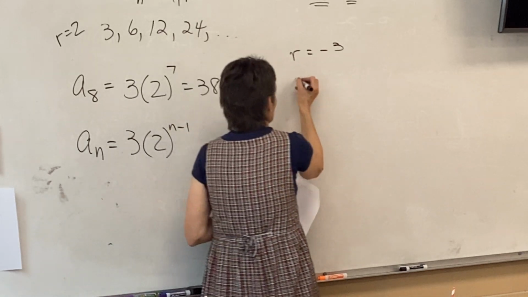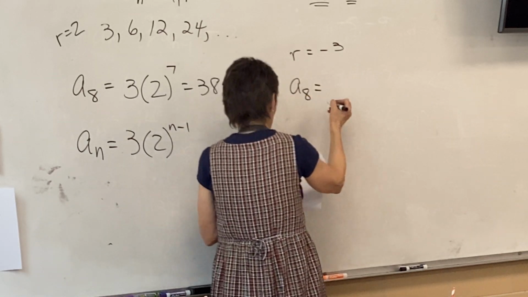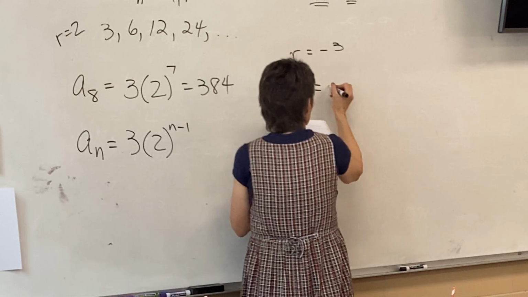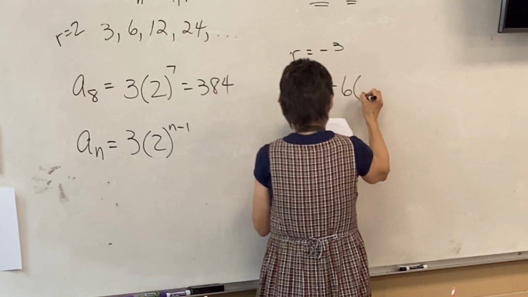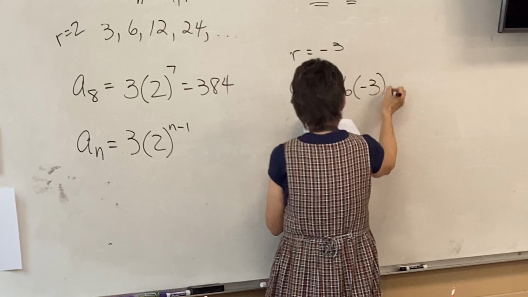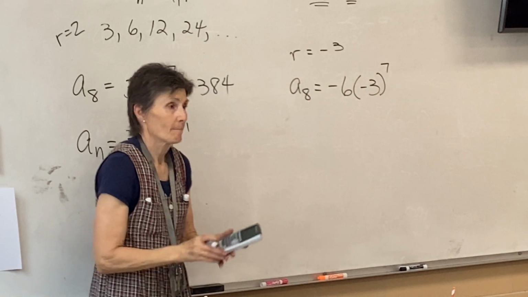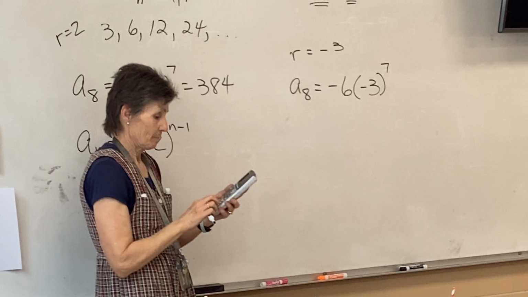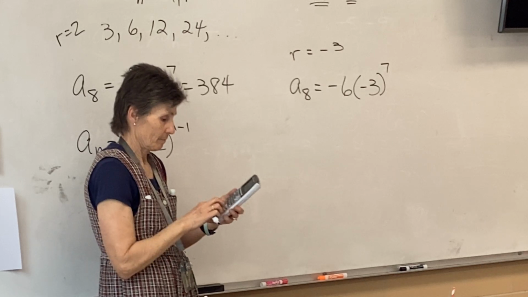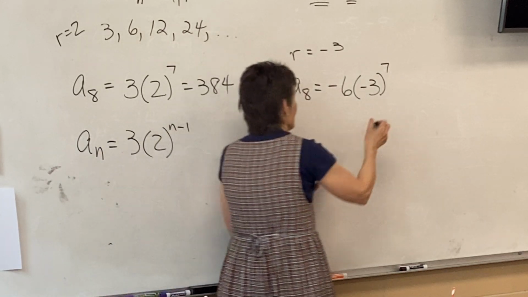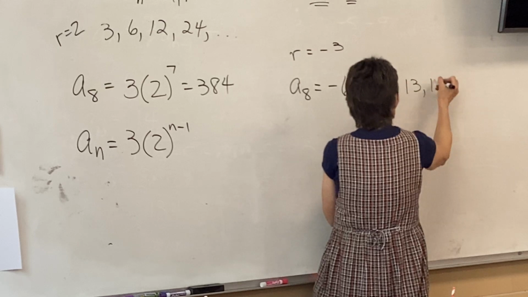So what's my 8th term? -6 times -3 to the 7th. You need to get 13,122.